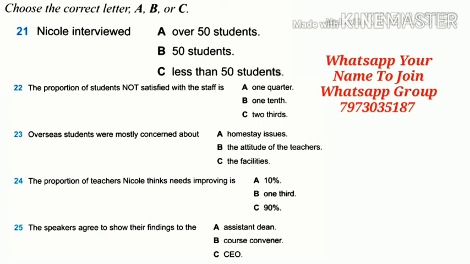So, what was the main cause of complaint? Well, it's rather mixed. A lot of the foreign students complained about the homestay accommodation and the attitude of the homestay officers when dealing with these issues. Most of the foreign students said this actually, but the bulk of the mainstream students had concerns with the attitude of the teachers. It seems they feel the teachers don't care enough, and facilities weren't that important, relatively speaking. I think the teachers here are OK.